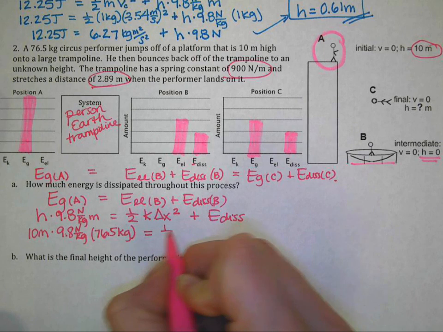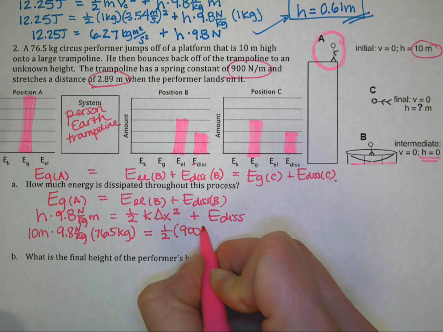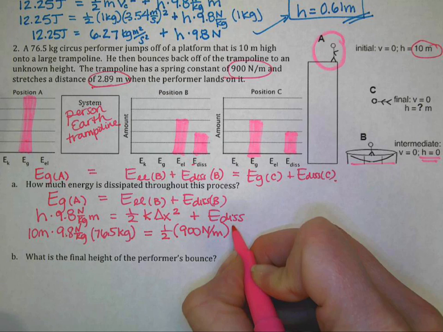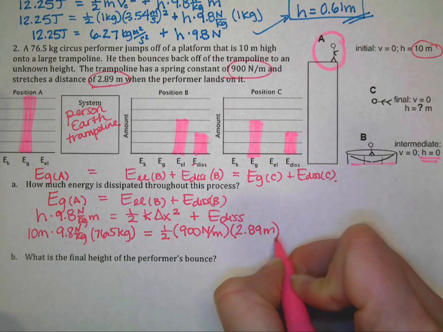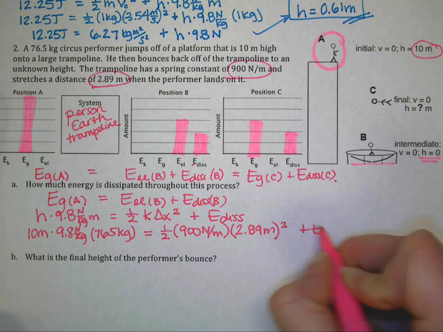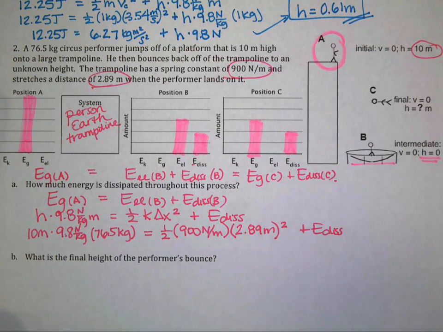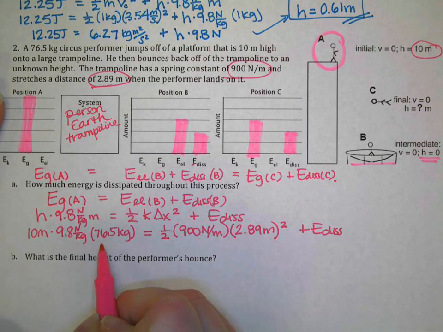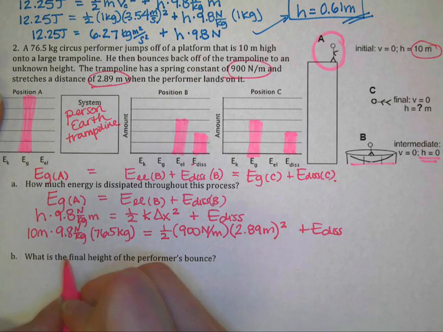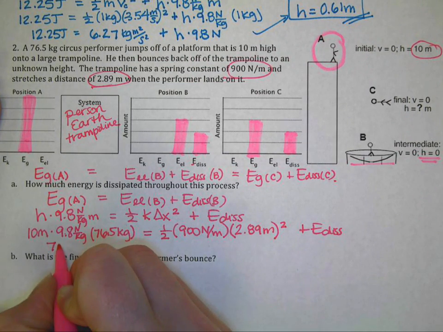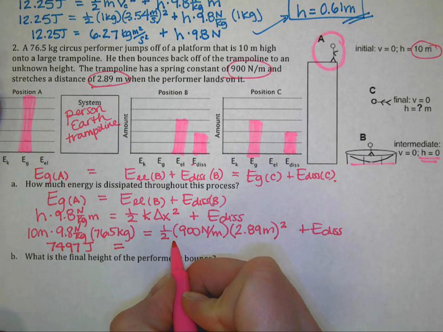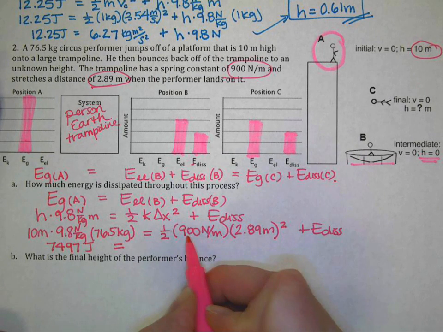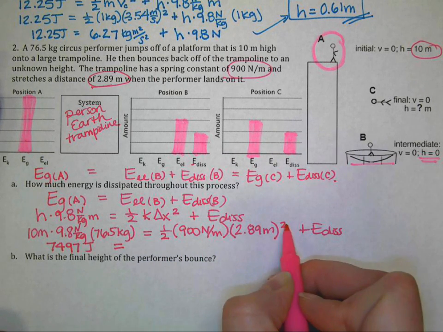That's equal to 1/2 times our spring constant of 900 newtons per meter, times our displacement of 2.89 meters, quantity squared, plus E dissipated, the energy that was dissipated. 10 times 9.8 times 76.5 ends up being a value of 7,497 joules. And that is equal to 1/2 times 900 times 2.89 squared.